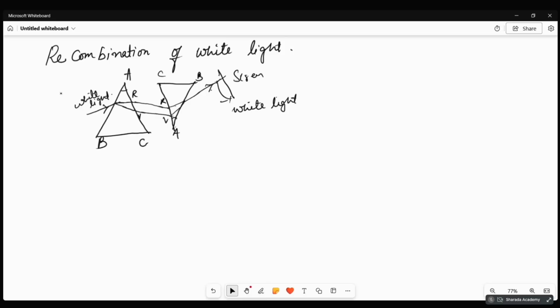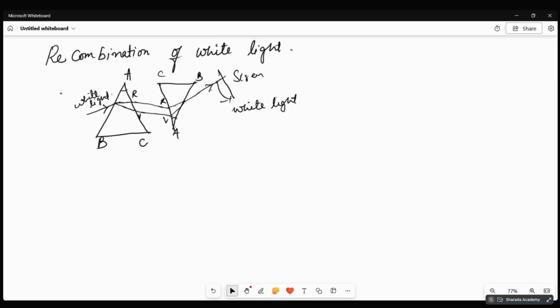That slit is passed so that monochromatic light will go through that. That means the white light, when it is passed through the slit, means small hole, it focuses on the prism. That's all. It's just a slit, a small hole through which light is passed.